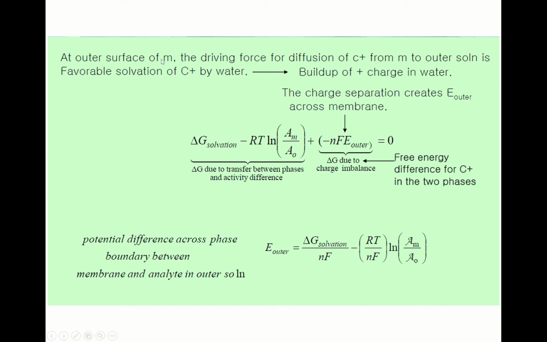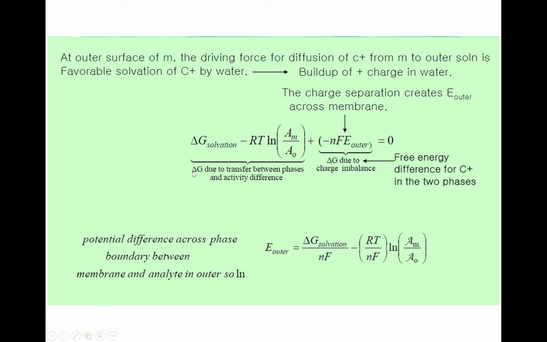At the outer surface of the membrane, the driving force for diffusion of cation from the membrane to the outer solution is favorable solvation of the cation by water. The cations are solvated by water, building up plus charge in the water. The charge separation creates the outer membrane potential across the membrane.